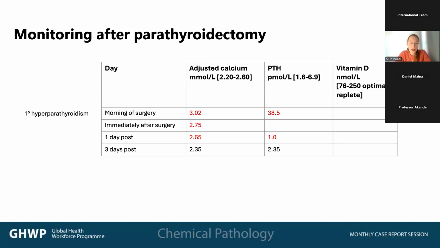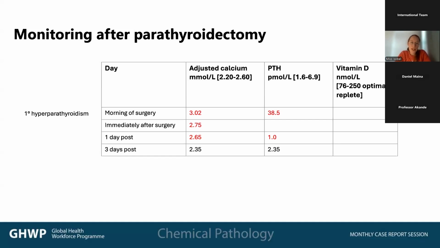Immediately after the surgery, where they took out the adenoma on the parathyroid gland, the calcium has reduced. And 1 day post-surgery, the calcium has reduced even more, and the PTH has come right down, which is really good news for that patient.